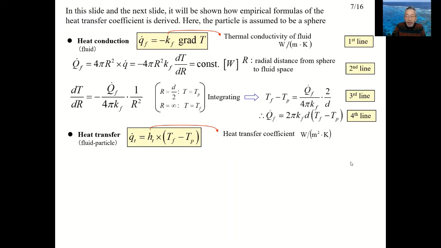When the fluid does not convect, the quantity of heat transfer is equal to the quantity of heat conduction. But fluid convection promotes the heat transfer, and so the quantity of heat transfer Qt dot is larger than the quantity of heat conduction. Next, move on to the heat transfer.